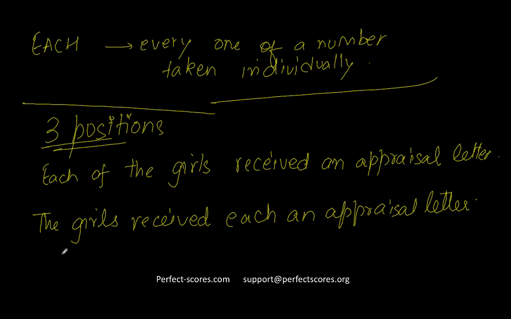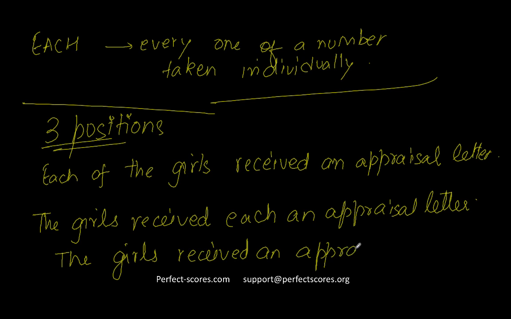The third position, the girls receive an appraisal letter each. Now, all three of them are correct, all these three positions, but you'll notice that usually we use the first or the third one. We usually don't use the second option.